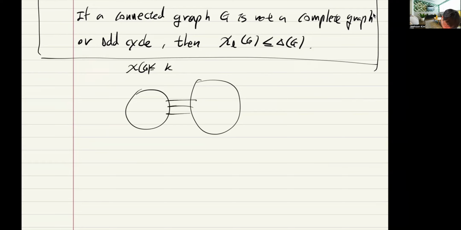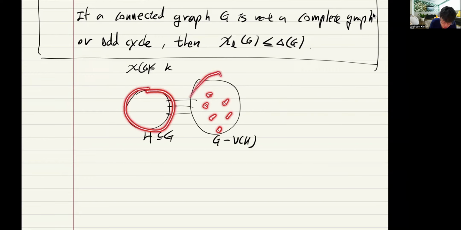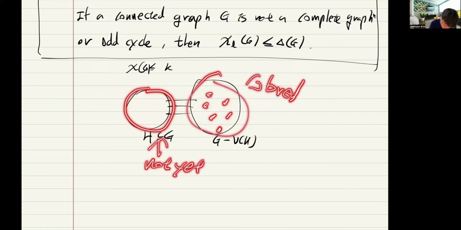And you partition your graph into some parts. So this is like a subgraph H of G, and then G minus H. Somehow you color outside, and now you want to color inside. This is colored. This is not yet.